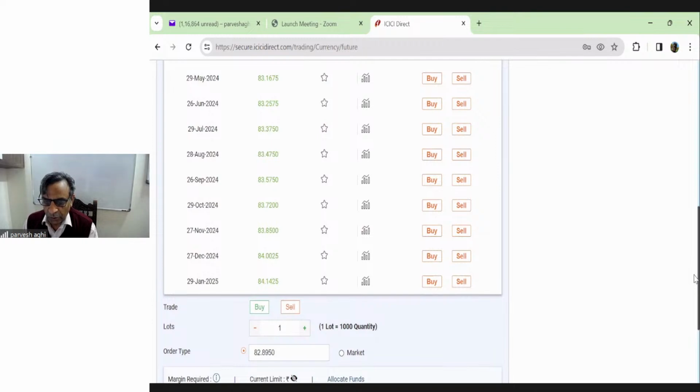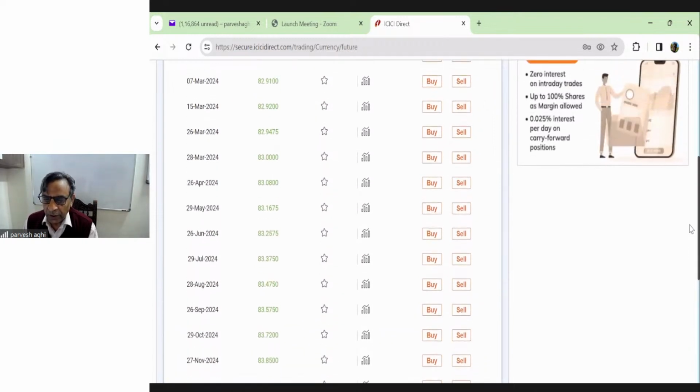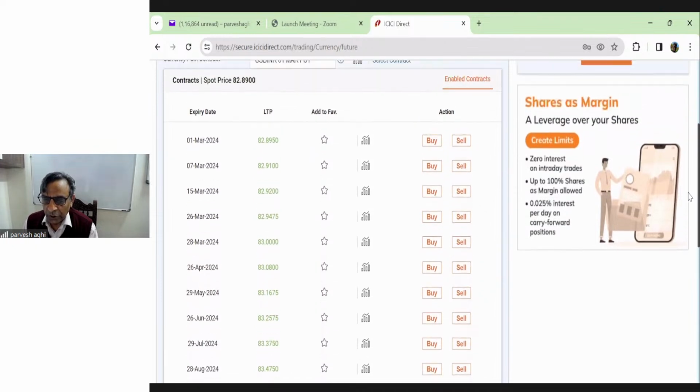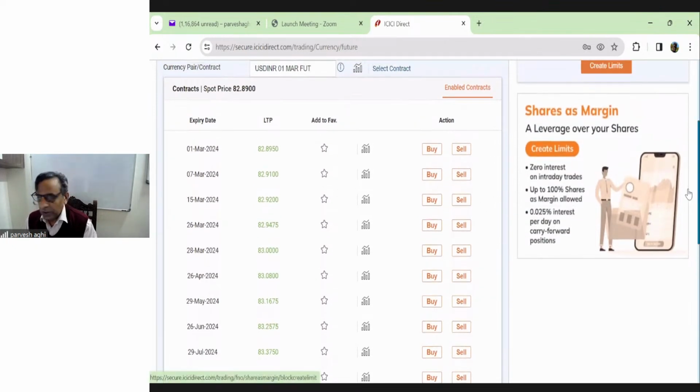If you look at January 2025, the price is 84.14, and as of today, the rate is only 82.89. So going forward, the dollar is going up. The current spot is 82.89, and I'm supposed to make a payment on 28th of March, so for me, this rate is valid.